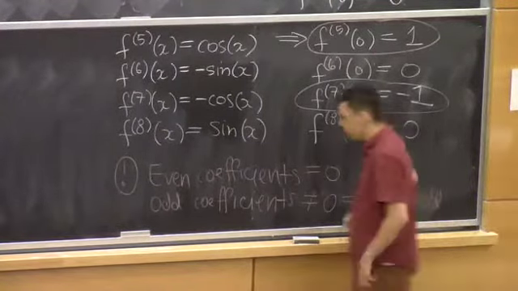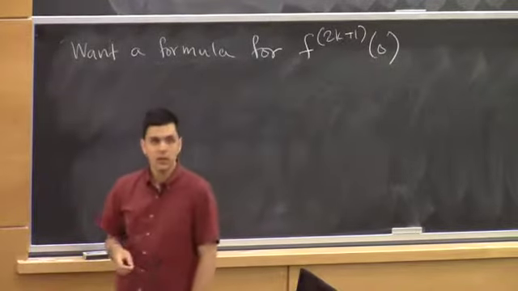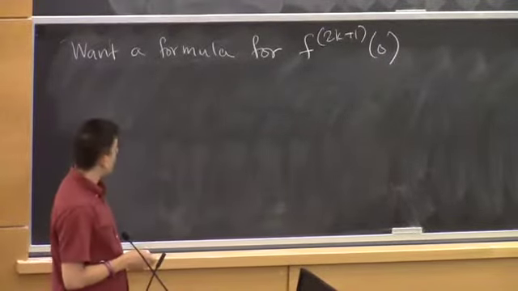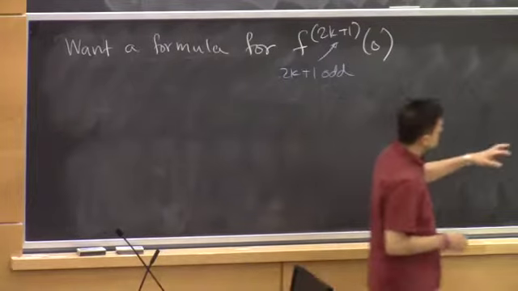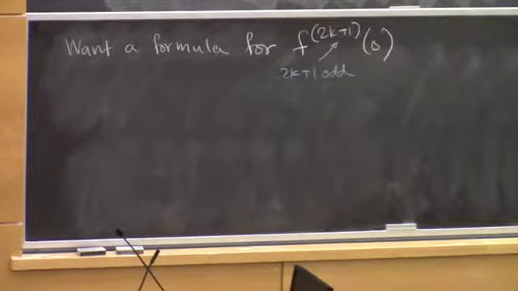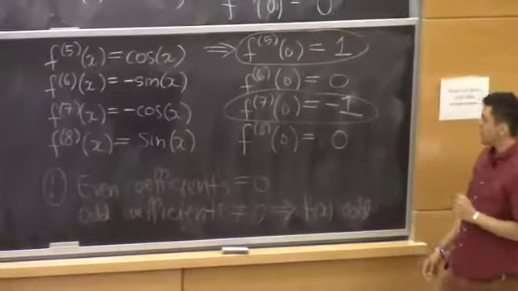So we want a formula for the odd entries. So we're going to look at these guys and write them as odd terms.